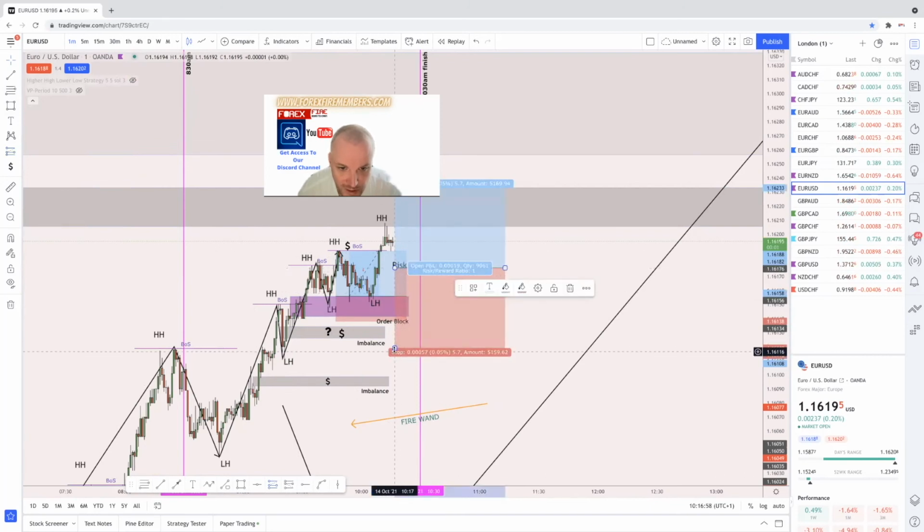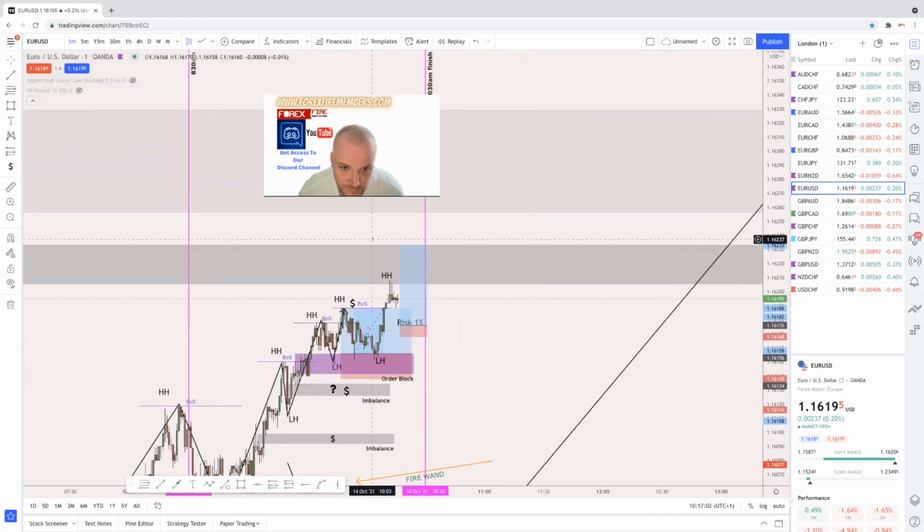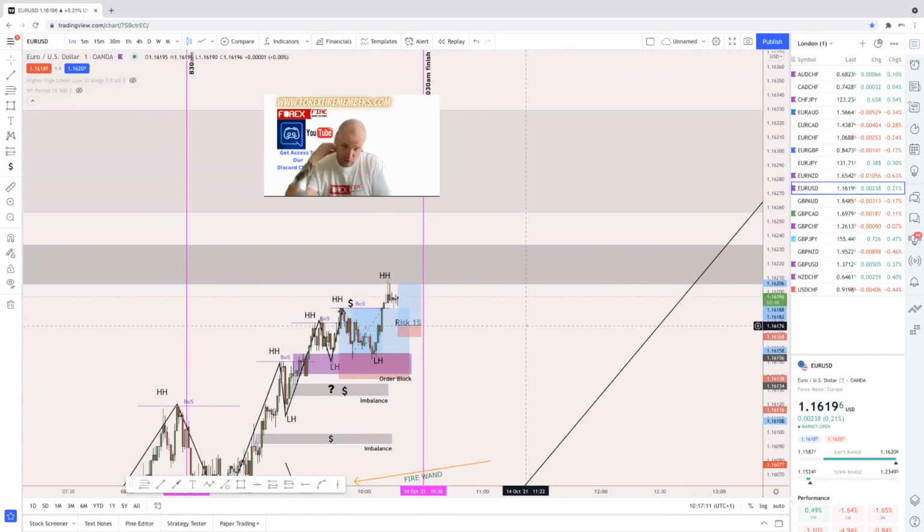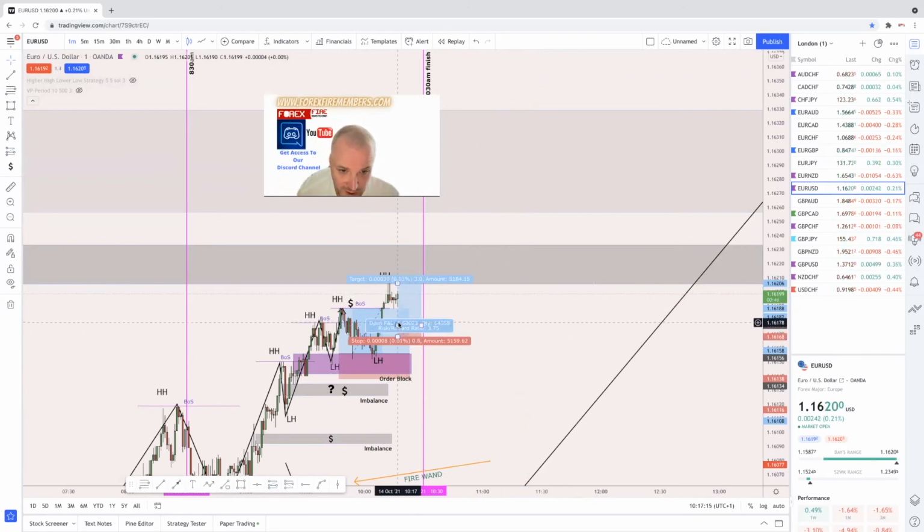We could be looking at a trade at around about here, going for a 1 to 4, just about, in fairness. We could be looking at that, but because price is starting to squash in itself, I don't think I would risk that.